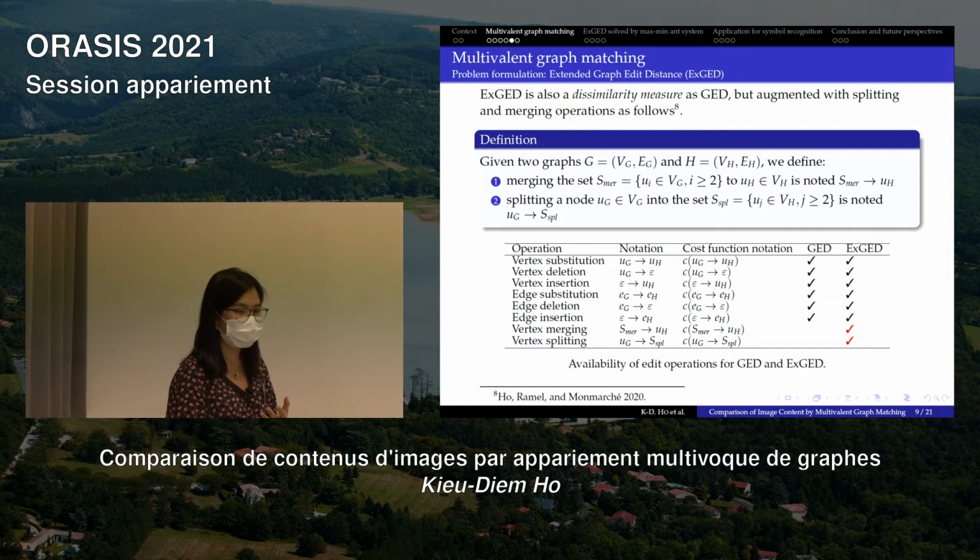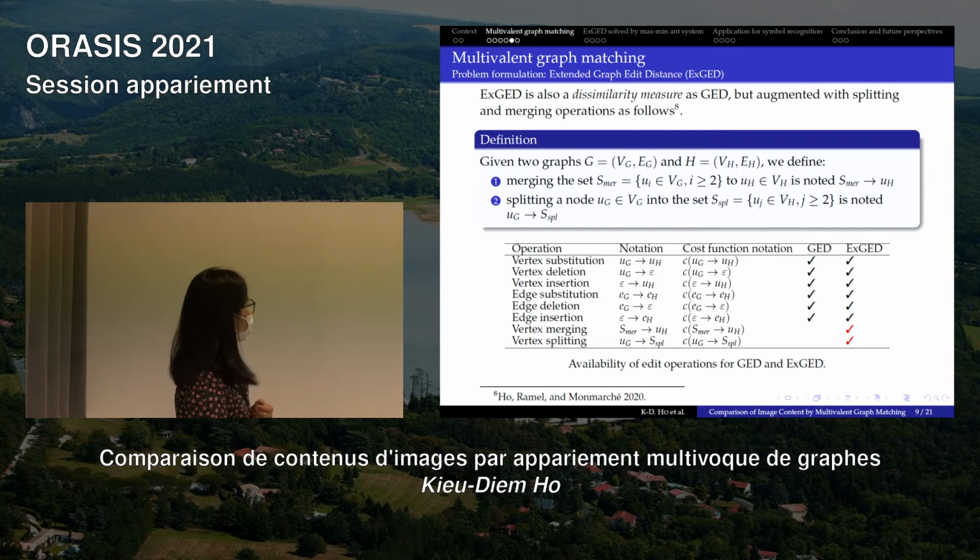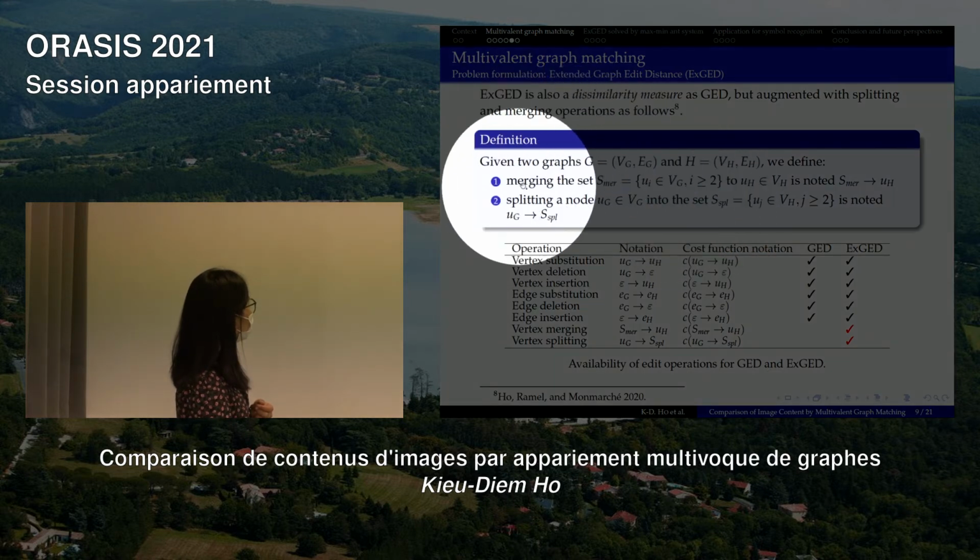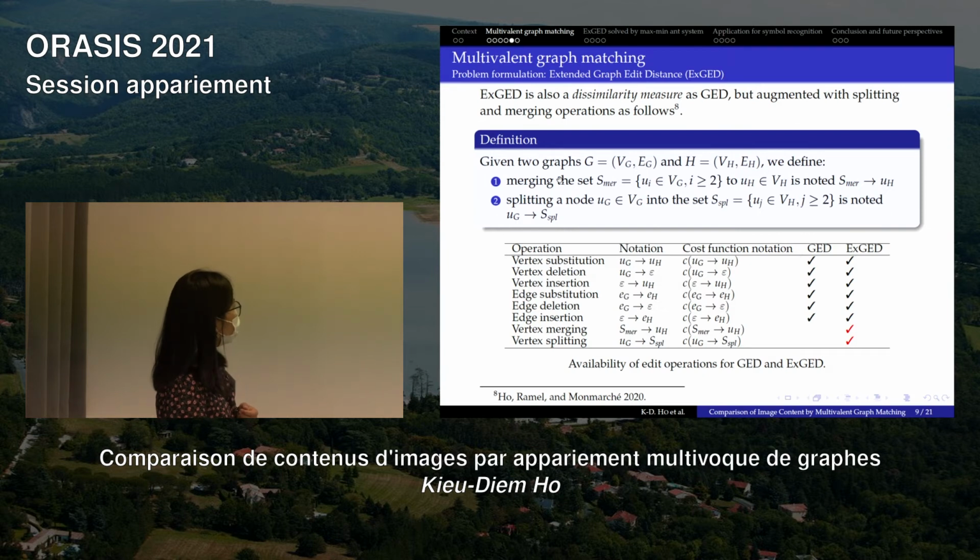We formulate the multivalent graph matching problem and extend this graph edit distance with two additional operations, merging and splitting. With these two operations, it allows us to consider merging and splitting, one-to-many and many-to-one correspondence.